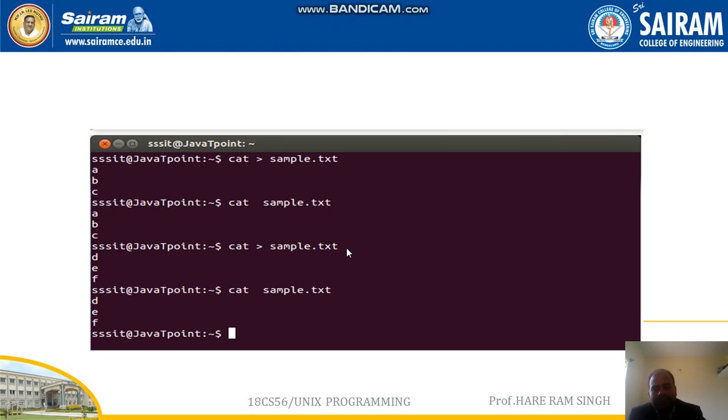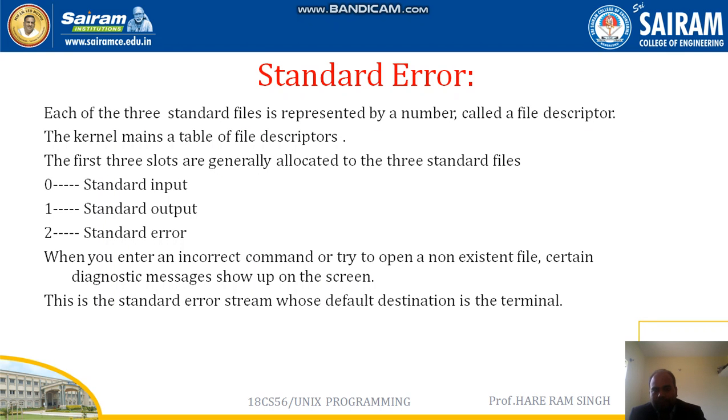Now DEF will be transferred to sample.txt. Instead, I can say the ABC content of sample.txt will be overwritten by DEF. Now if you see cat sample.txt, it is DEF. Now if you had written the double angular bracket, ABC would be there and DEF would also come as extra.